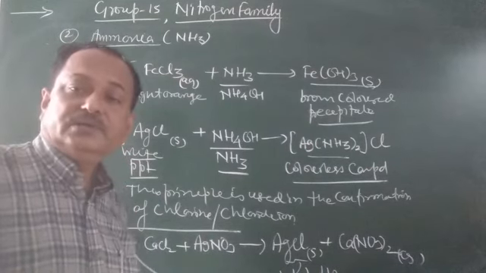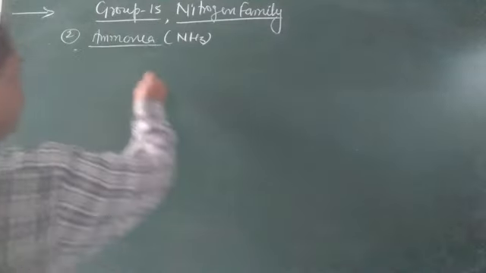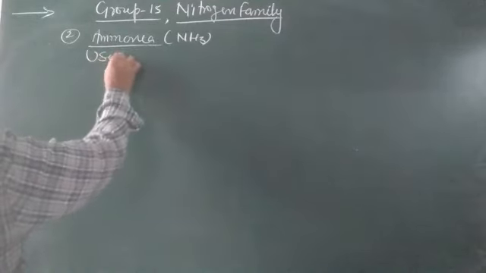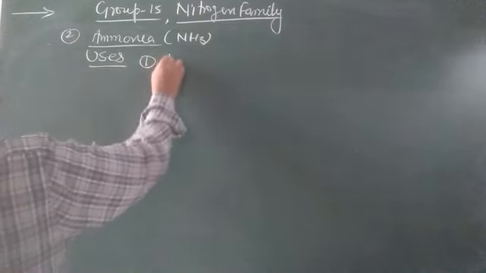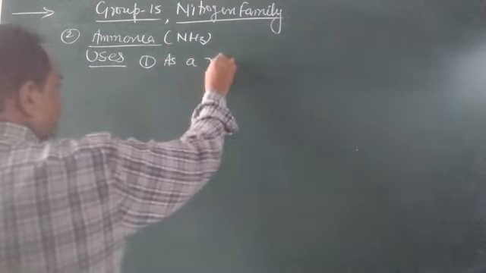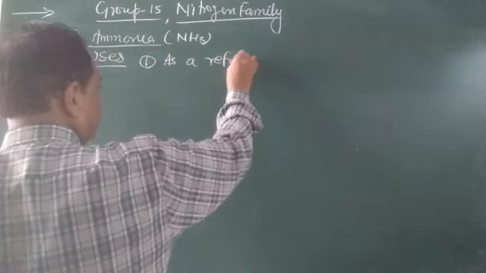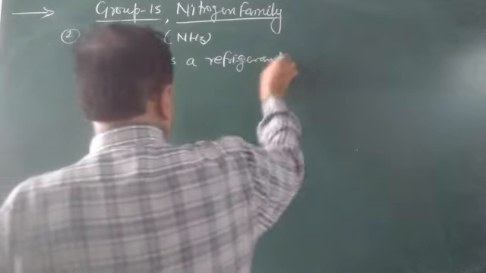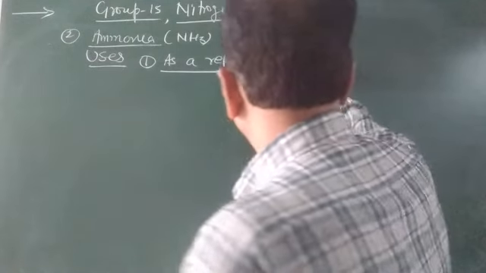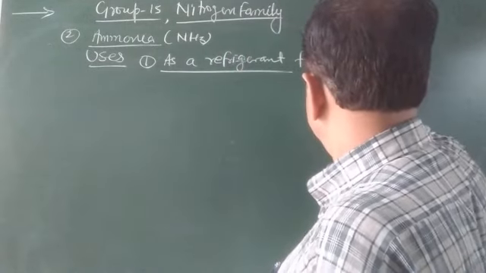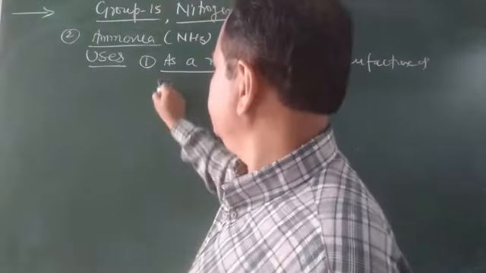Now we know about the usage of ammonia. We are in the last segment of this video, and it is the usage of ammonia. First, it is used as a refrigerant for manufacture of ice.